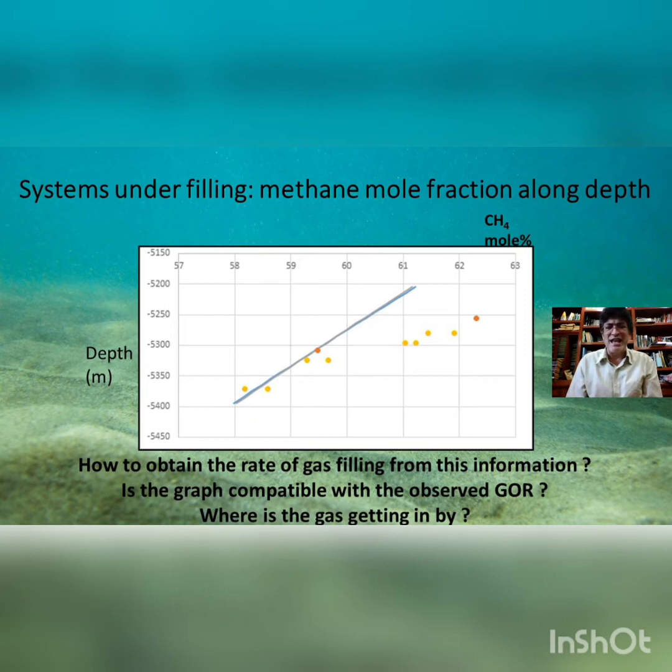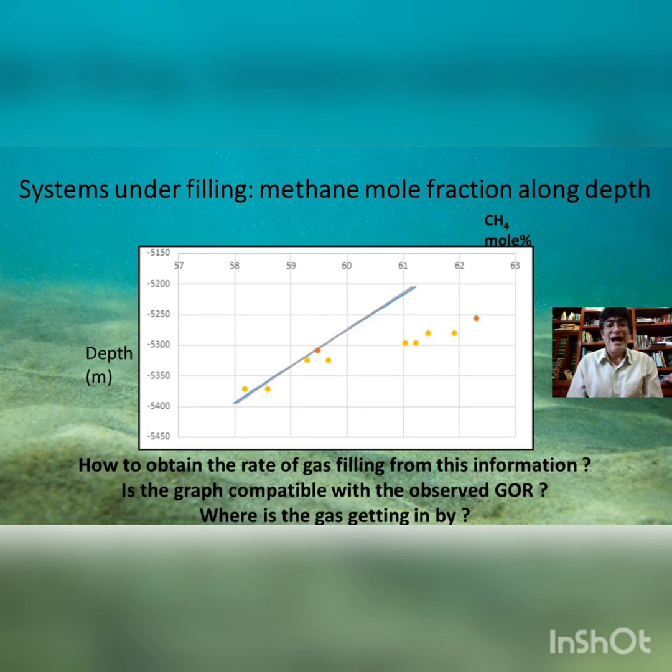You can see that above 5,300 meters, the experimental data start deviating from our calculations for both isothermal and non-isothermal systems. So something's going on there.